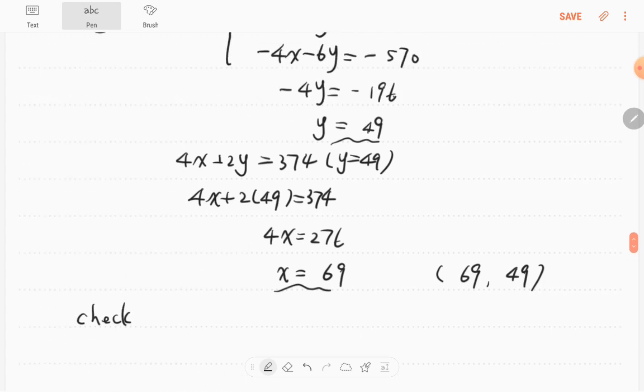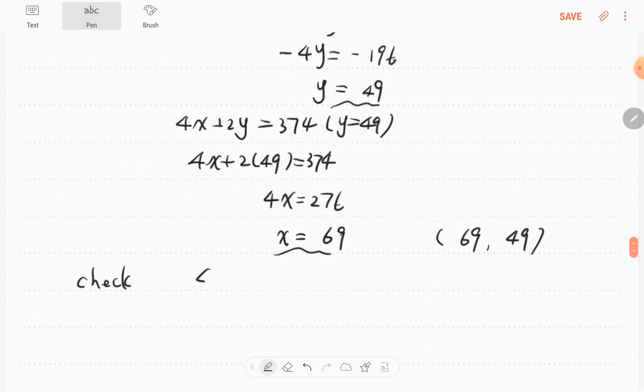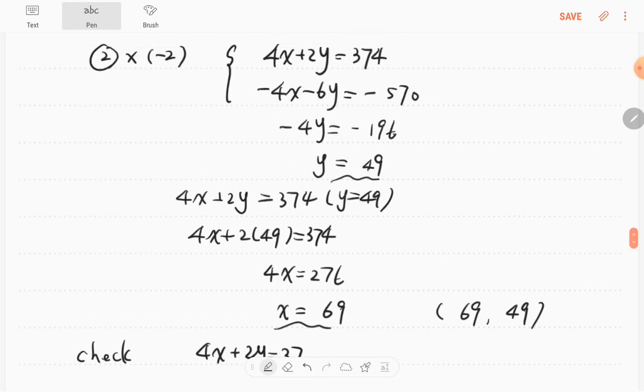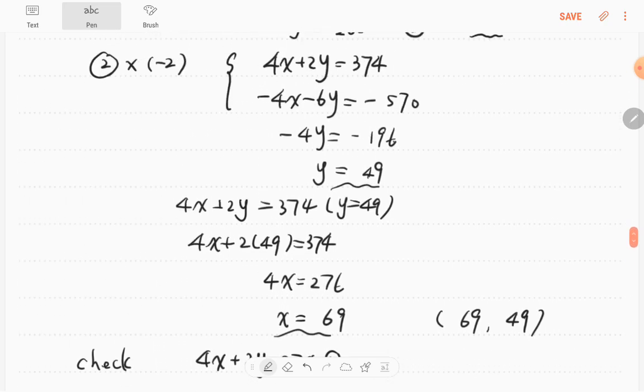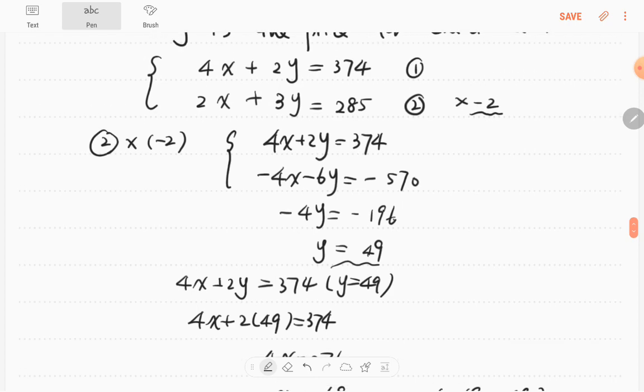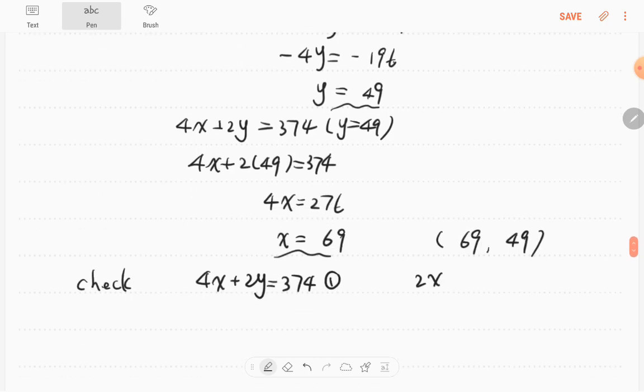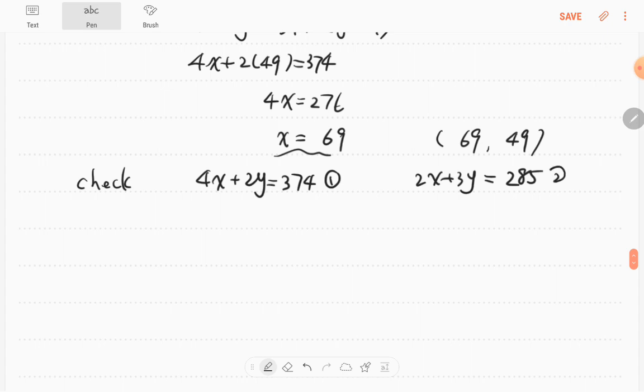So we copy down our original ones. 4x plus 2y equals 374. This is the first one. And the second one will be 2x plus 3y equals 285. The second one.